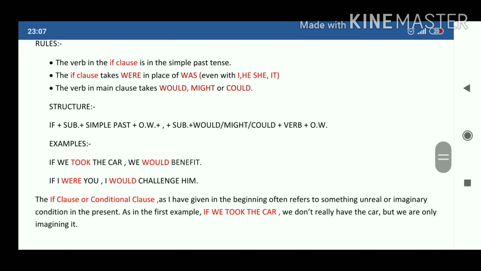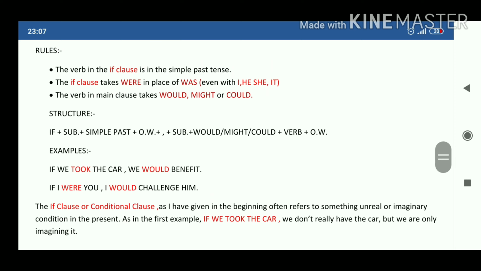Rule number three, the verb in the main clause takes would, might or could. You should always remember that with these verbs, would, might or could, you should use the first form of the verb. I have given a structure also so that you can understand it very clearly.